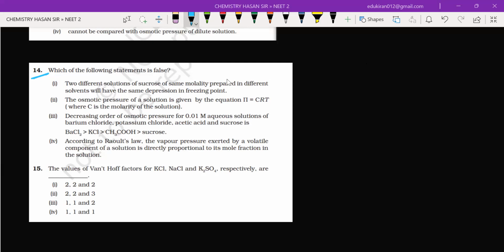Very good. Question number 14, you have given the correct answer. What about the next one?